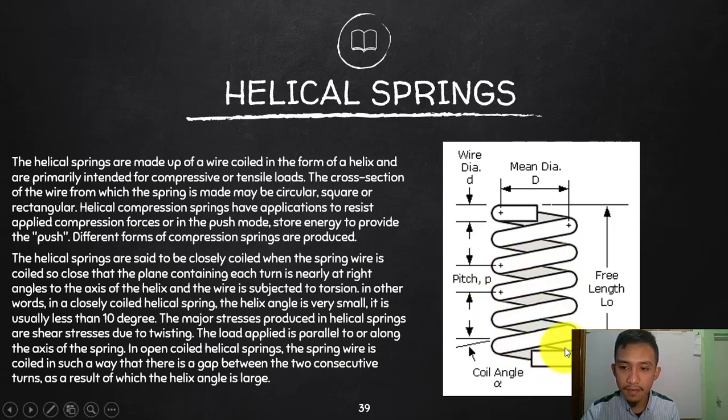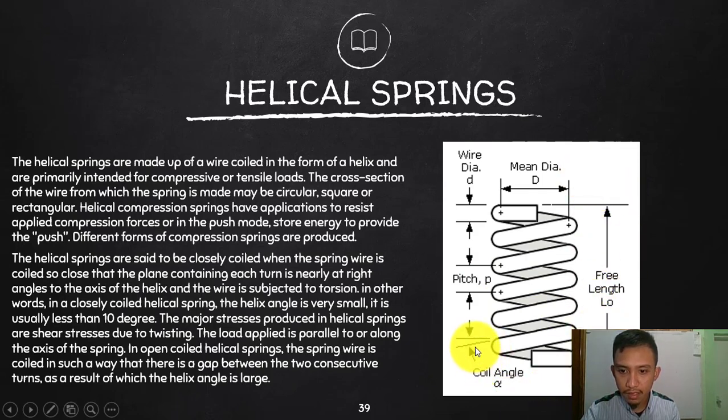Okay, and then this distance from the circle on the top to the next circle of the circular rings, we call the pitch, the pitch of the spring, and then the entire length is from the top to the bottom.